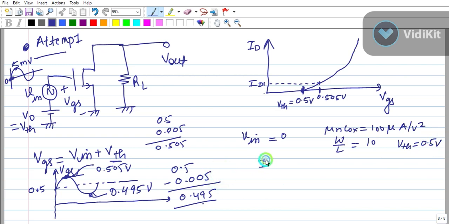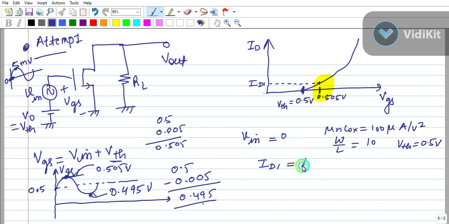Now calculate ID1. See, this region is what? It is the saturation region, so we will use the saturation equation here.